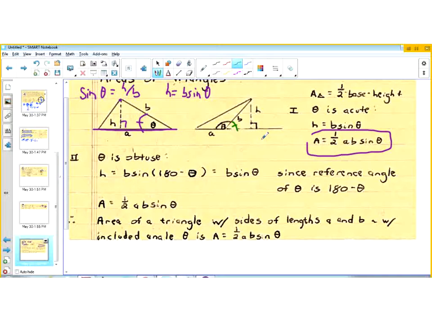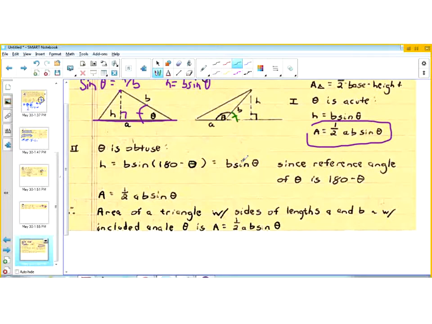So what is 180 degrees minus theta? Basically, what we can do is calculate the reference angle of theta.